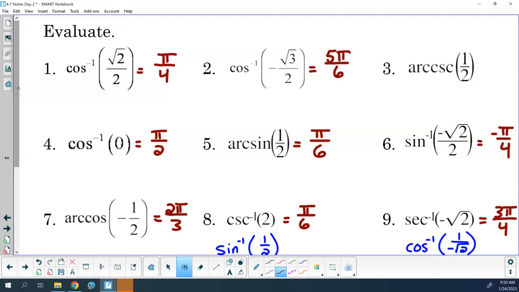So this is inverse sine, reciprocated the function, so I've got to reciprocate the number, right? What's the reciprocal of 1/2? 2. Sine is right half of the unit circle. Where in the right half of the unit circle is sine 2? Nowhere, right? Can't happen.